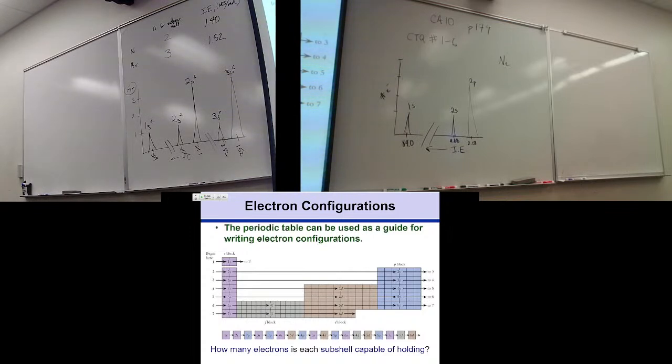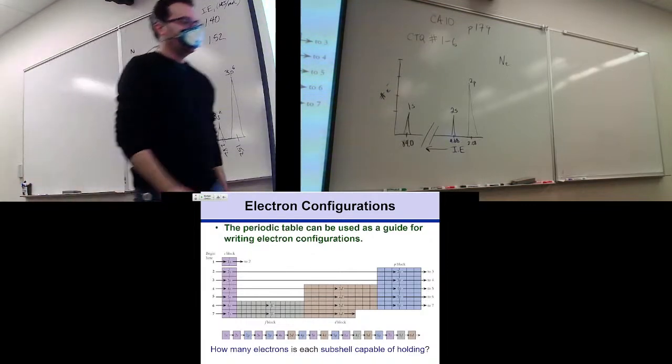F subshells. 1, 2, 3, 4, 5, 6, 7, 8, 9, 10, 11, 12, 13, 14. Or if you want to count this one, 1, 2, 3, 4, 5, 6, 7, 8, 9, 10, 11, 12, 13, 14. That would technically be up there. But 14 for the F block. Okay?